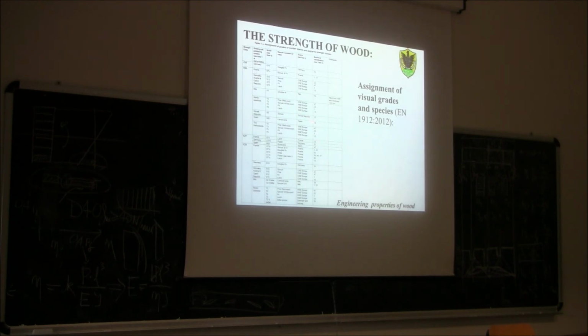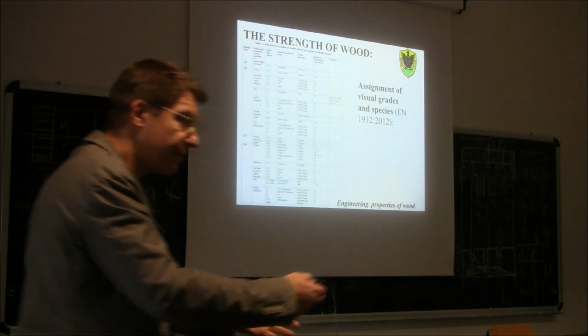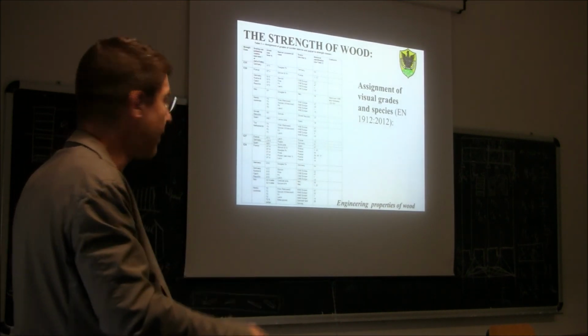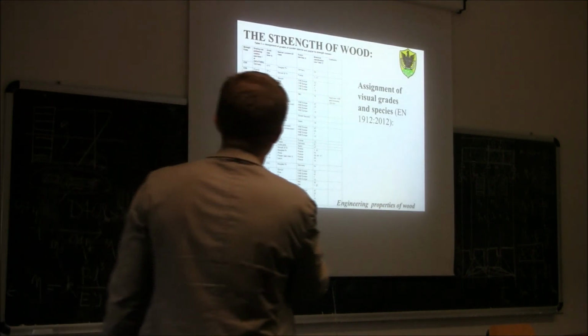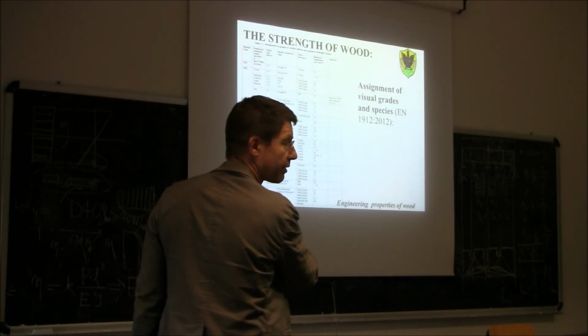So this wood here, the Douglas fir, if we classify Douglas fir according to S1, if you remember before, we have these three classes, S1, S2, S3. Suppose you have Douglas fir wood, you do a visual grading, and you classify it S1. So S1, you see from this table, is directly associated to C30.